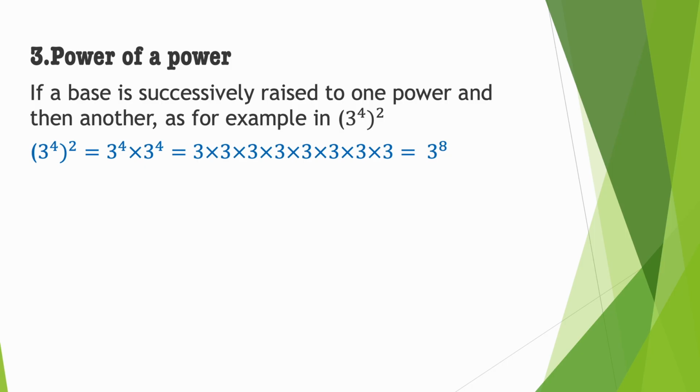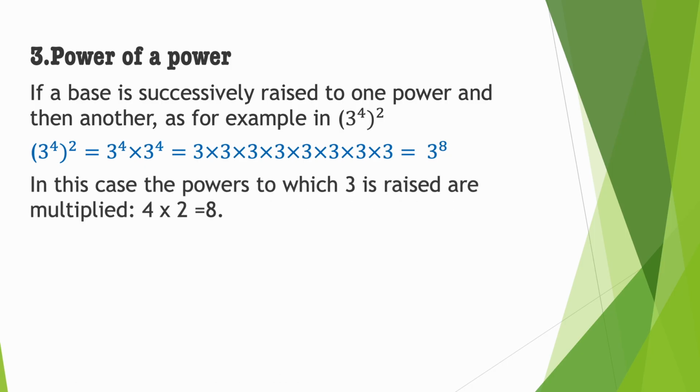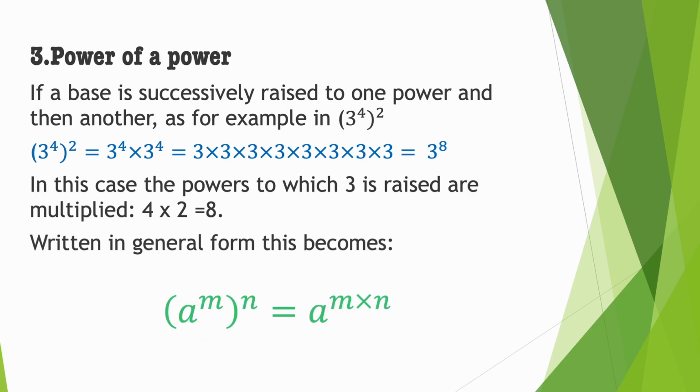Counting those 3's gives us 3 to power 8. In this case, the powers to which 3 is raised are multiplied, therefore 4 times 2 we get 8. So in general form, if you have a to power m, then power n, it is equal to a to power m times n. So you multiply the powers.